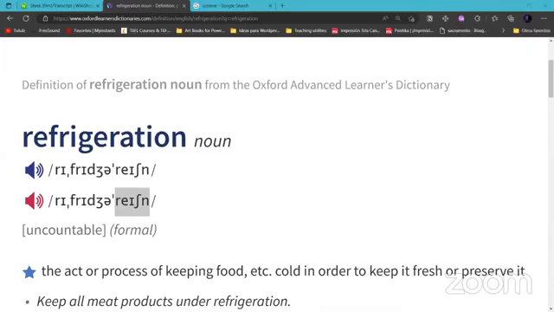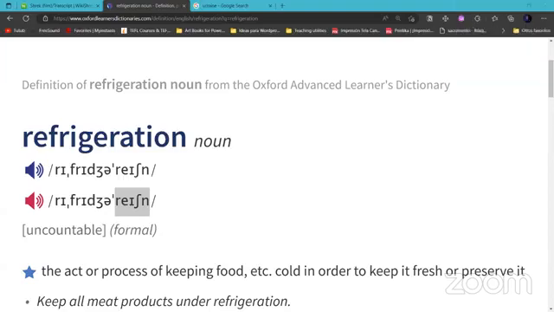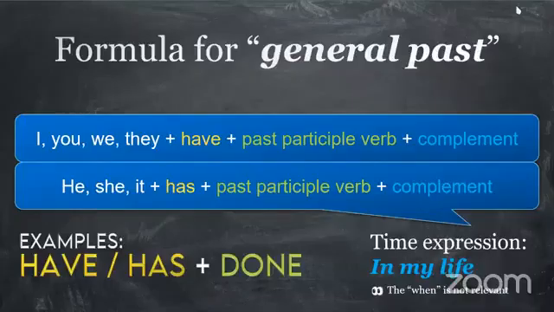That's correct. John has worked in refrigeration for a lot of time.